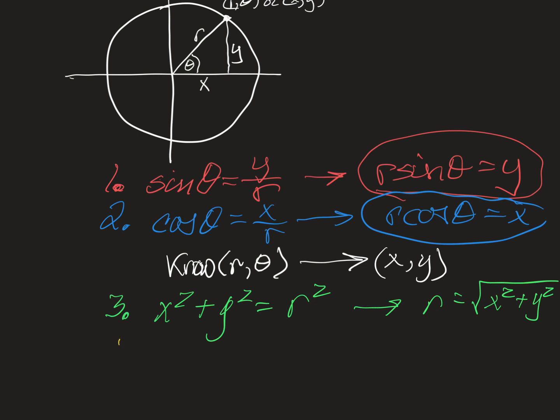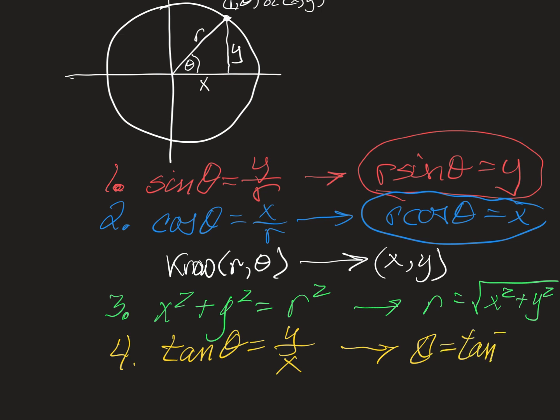And then number 4, this one, we want a relationship between theta and the xy. And if we look at it, we can write tangent theta equals y over x. And that leads us to theta is equal to the inverse tangent of y over x, which, by the way, is also slope.